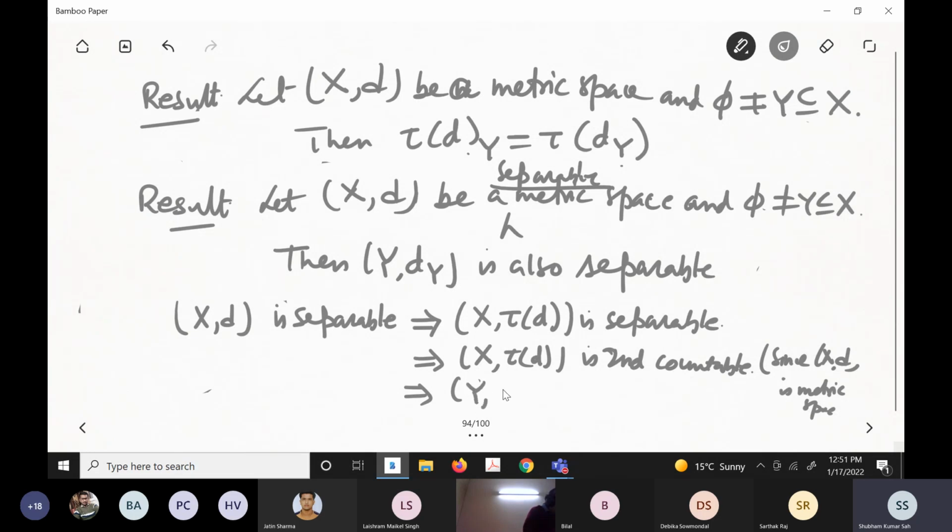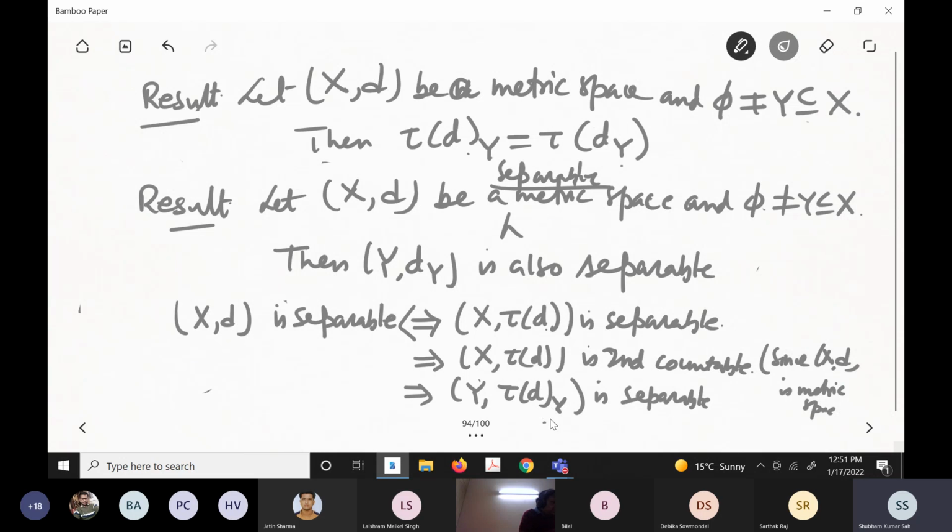So Y tau D Y is separable. X is separable if and only if this is separable, it is if and only if, the same thing. But since it is a metric space, it will be second countable. So this will be second countable.